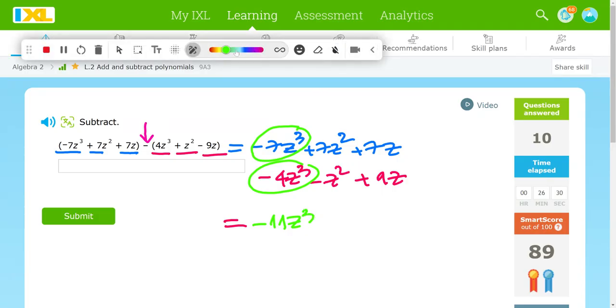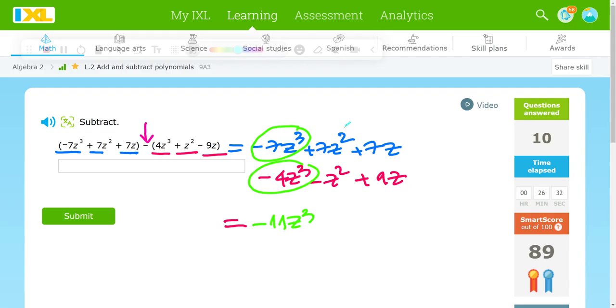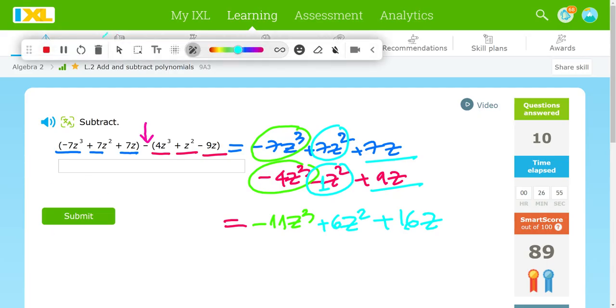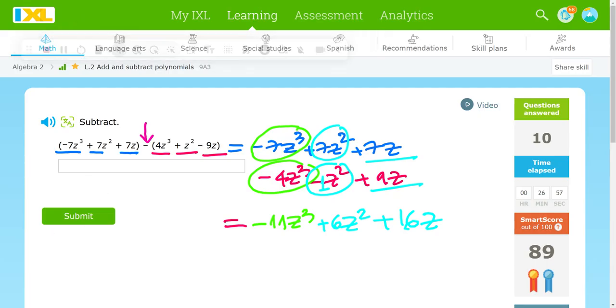Now let's do the 7z squared and then subtract 1z squared. If you don't see the number, it means number 1. So 7 subtract 1 is 6, so 6z squared. And now the z part: 7z and 9z is 16z.